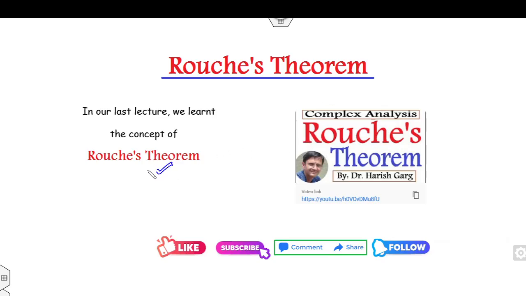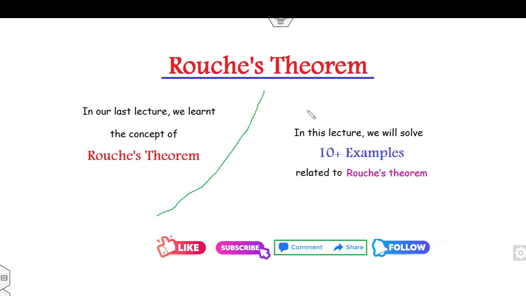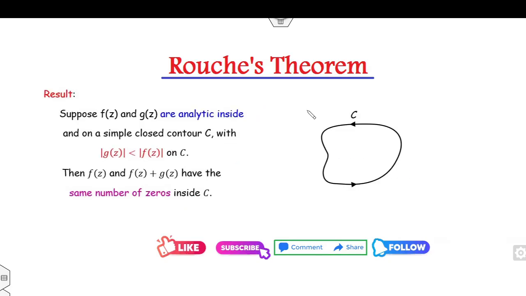We have stated and proved the Rouche theorem in our last lectures, and in this lecture we will cover the 10 plus numerical examples. If I quickly recall the statement of the Rouche theorem: if you have two complex functions f and g which are analytic inside and on the boundary of the contour, such that the absolute value of g is strictly less than, remember, strictly less than the absolute value of f of z, then the functions f(z) and f plus g(z) both have the same number of zeros.